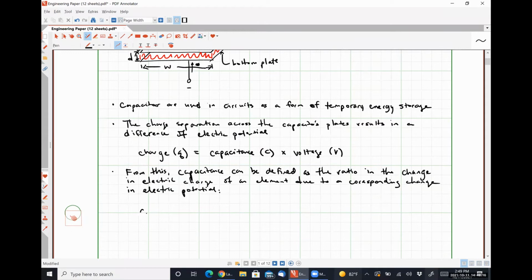Or C is simply charge over volts. Unit-wise, that looks like coulombs per volt, which is an amp second per volt, or more commonly called 1 farad.